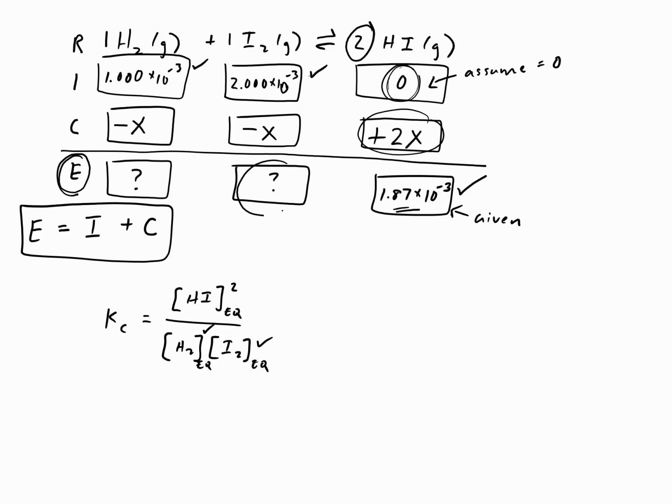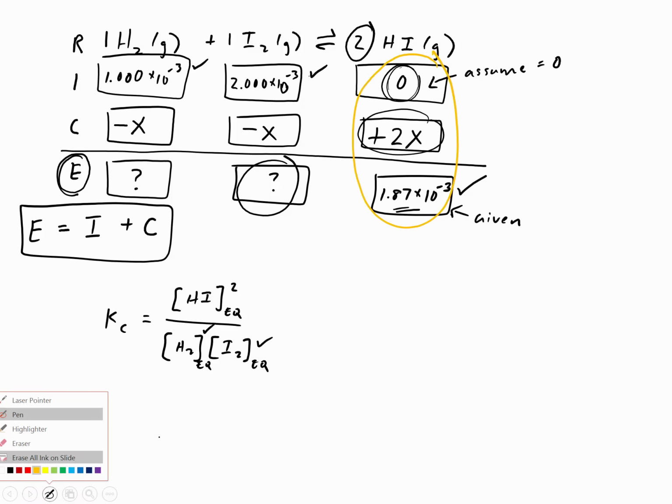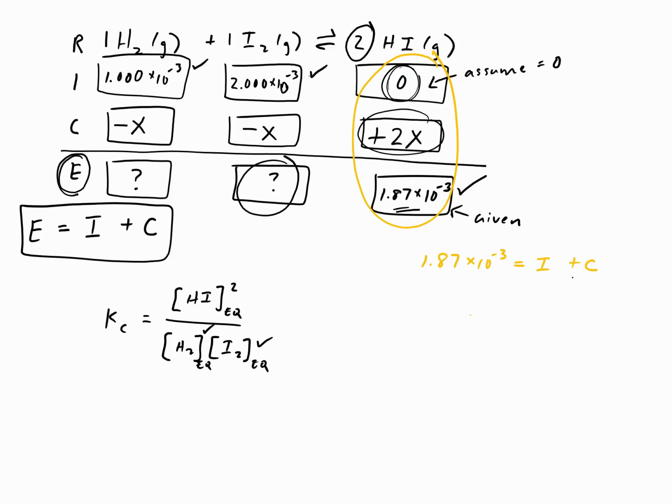So to figure out what this is, we have 2 unknowns, but we could figure out what x is by using this information. So we'll say 1.87 times 10 to the negative third equals the I line plus the C line.